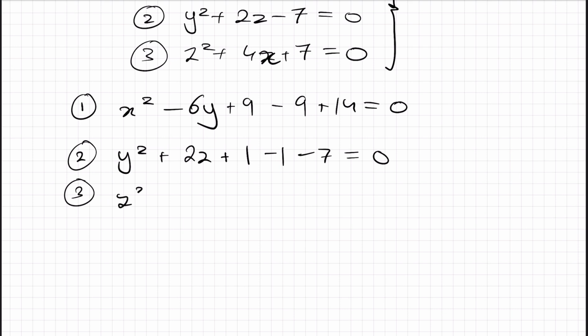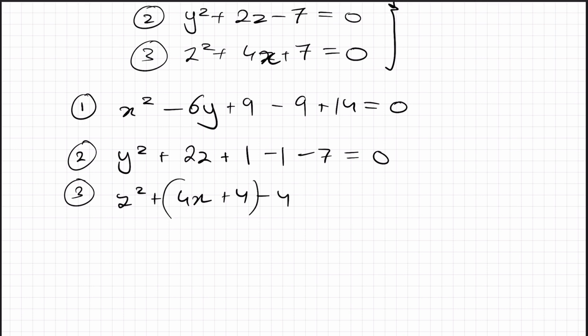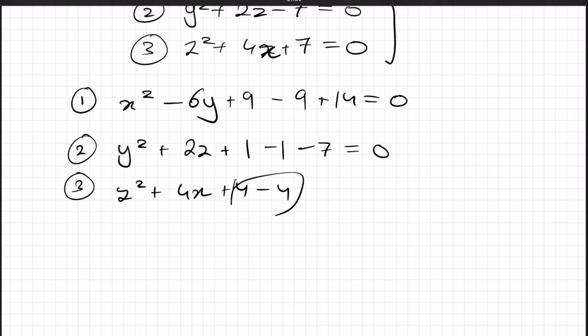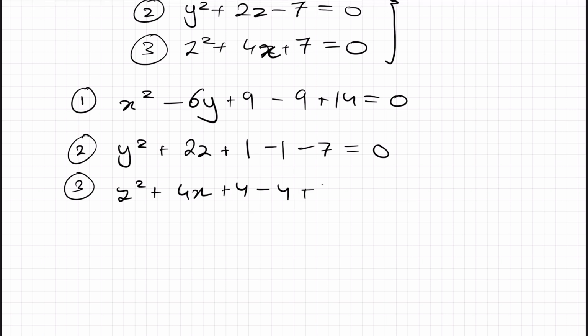So we'd get z squared plus 4x, and we do plus 4 minus 4. Again, if we put an x squared there, this becomes a perfect square. And right now it's just a partial perfect square because we haven't added the equations together. And now we've rewritten all the equations in this form.